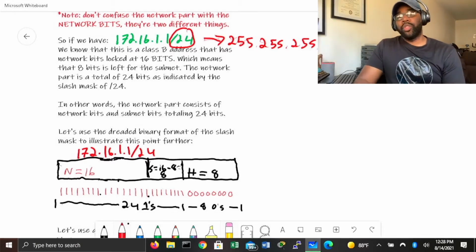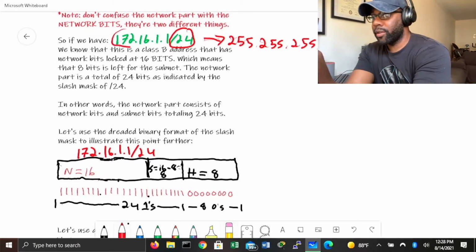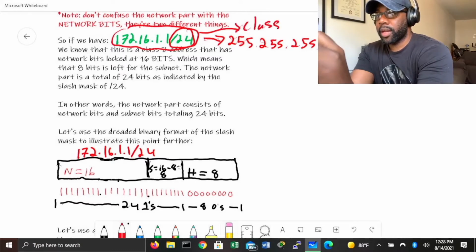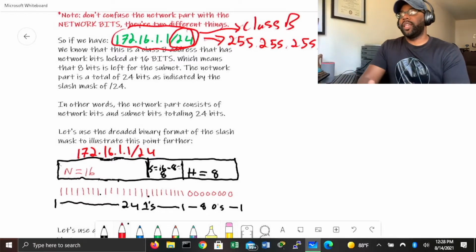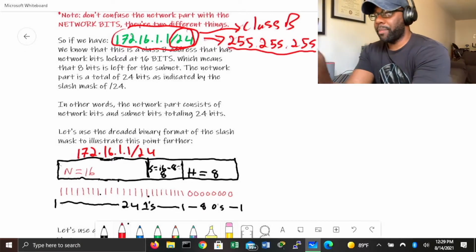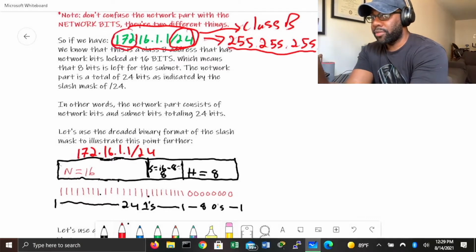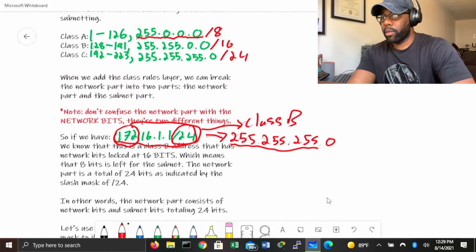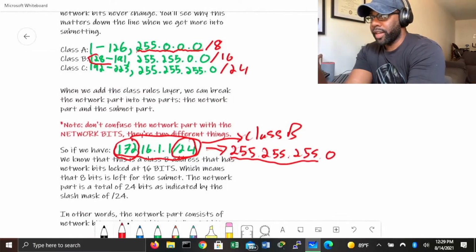So if we have 172.16.1.1 with a subnet mask of 255.255.255.0, we know that this is a class B address, right? We can't really know that based off of the subnet mask that we have here, but we know that because the first octet falls within this range right here.